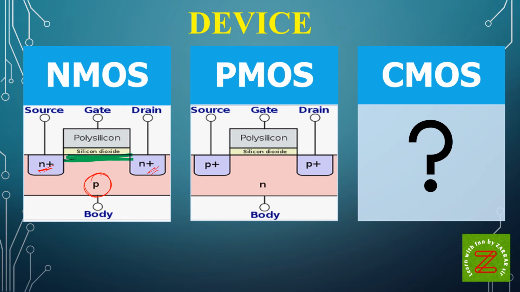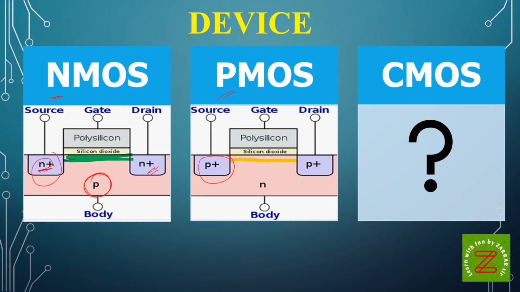And in PMOS, the channel will be created of P-type material, so we call it PMOS. So do remember, for NMOS the diffusion is N, and for PMOS the diffusion is P.